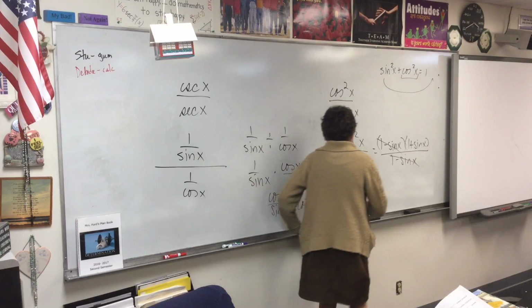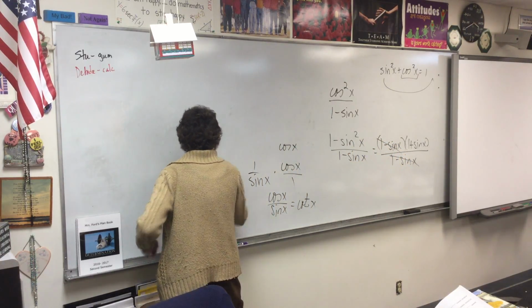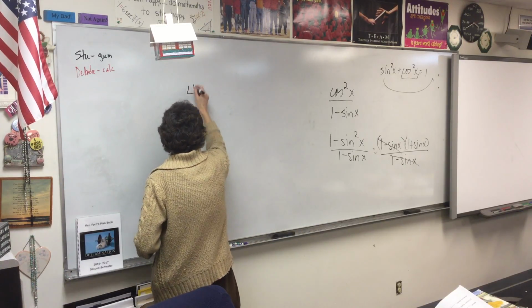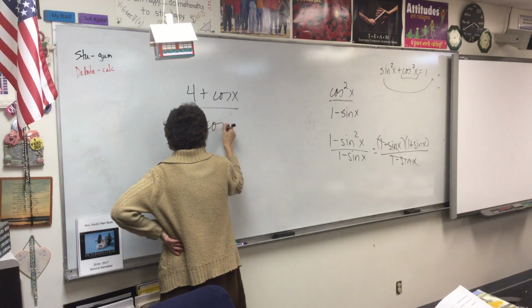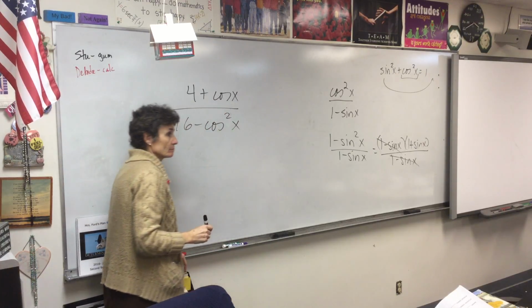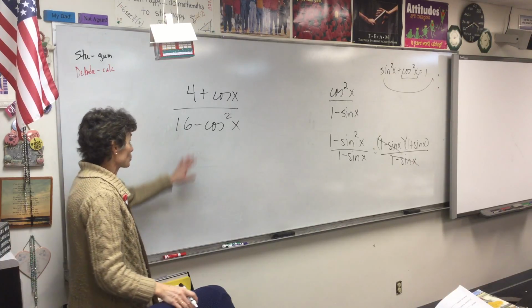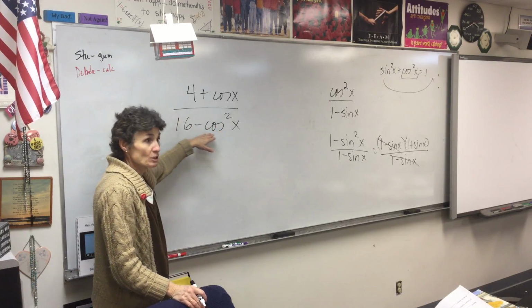Now, let me look at another one like that, just to make sure. What if we had something like this? Okay, not square the bottom, but factor the bottom. This is the difference of squares.